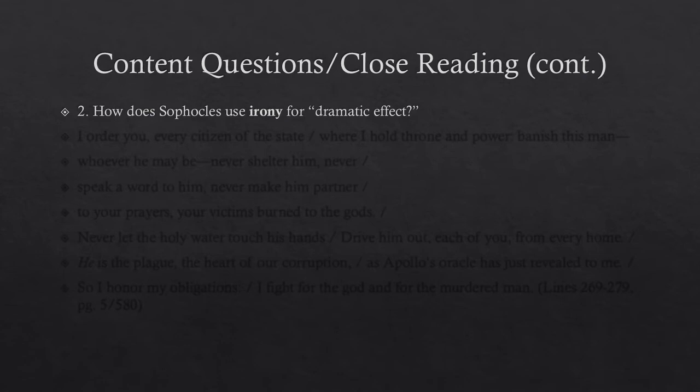And because the dramatic effect, the catharsis, is so powerful in Oedipus, the irony makes it even more dramatic, even more possible. So the irony is Oedipus, like we said on the last slide, is relentlessly and doggedly pursuing the cause of the plague. What people familiar with the myth knew at the time was that he was the cause of the plague.